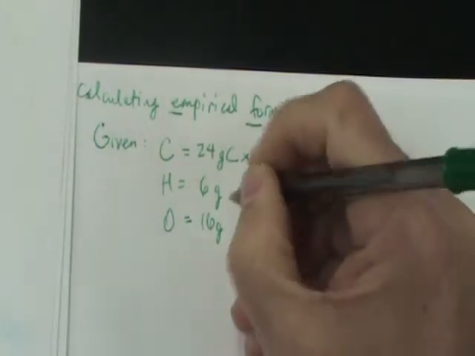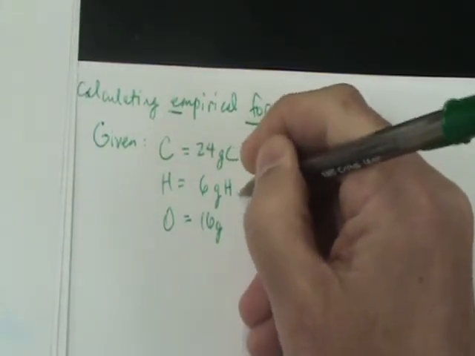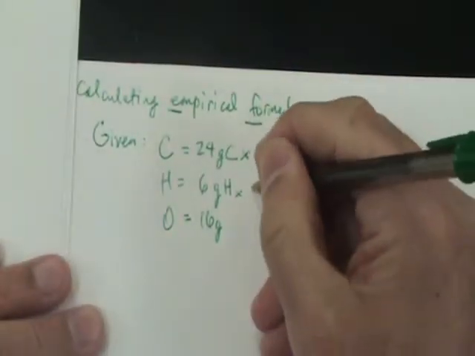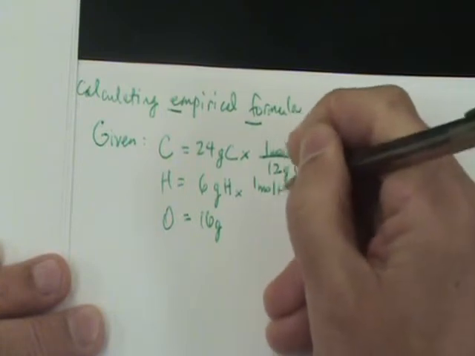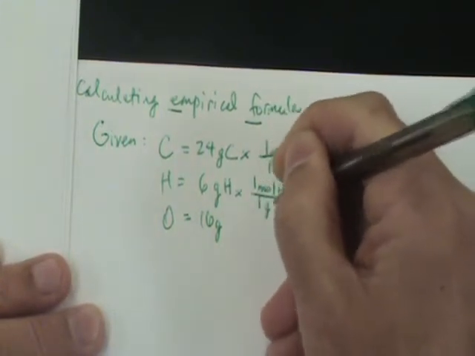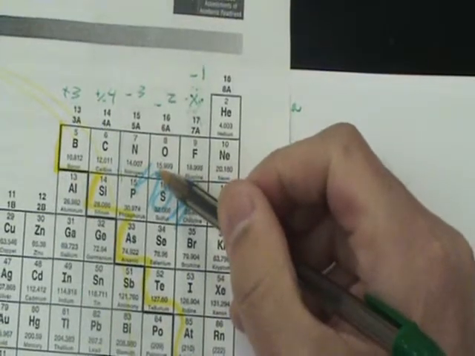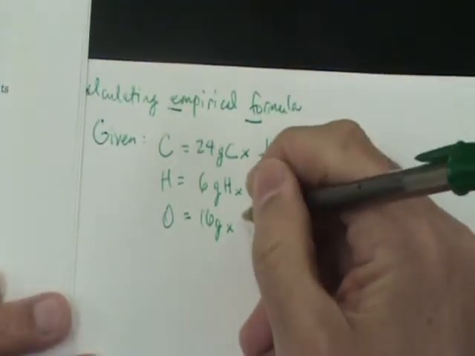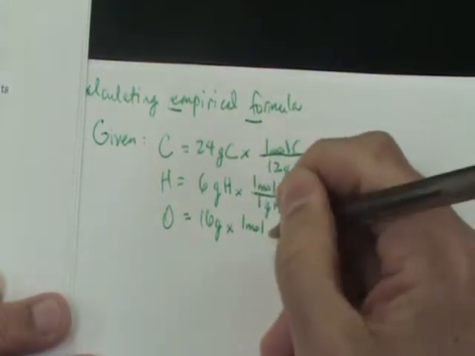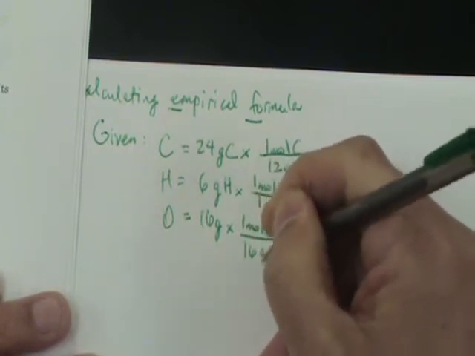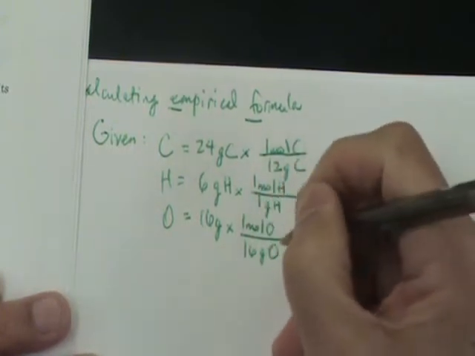And then hydrogen, we're doing the same thing here. 1 mole of hydrogen is 1 gram, so I'm going to multiply by 1 mole of hydrogen over 1 gram. And oxygen here is 15.999, that's 16 grams if you round it off. So 1 mole of oxygen here is 16 grams of oxygen.